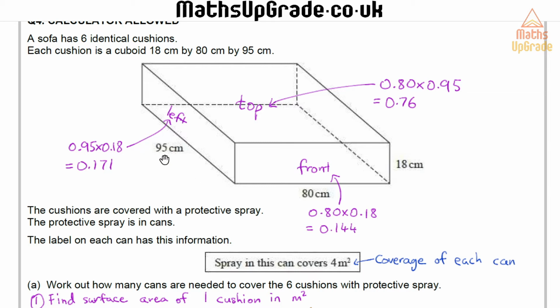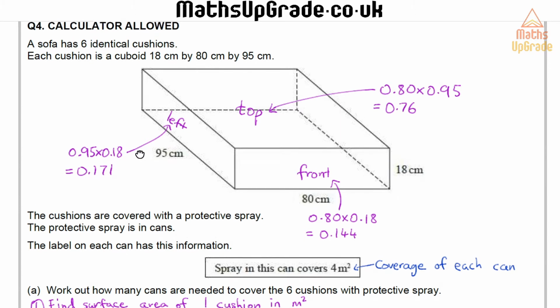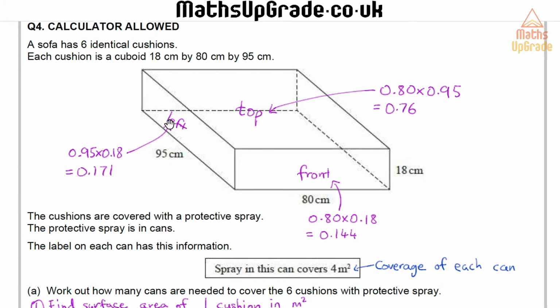So this would be 0.95 meters, since 95 divided by 100 is 0.95. Similarly, this would be 0.18 meters. So when I multiply those two together, I'd get 0.171 meters squared. For the front, it's 0.8 times 0.18, and for the top, it's 0.8 times 0.95. So there's the surface area of that first cushion.